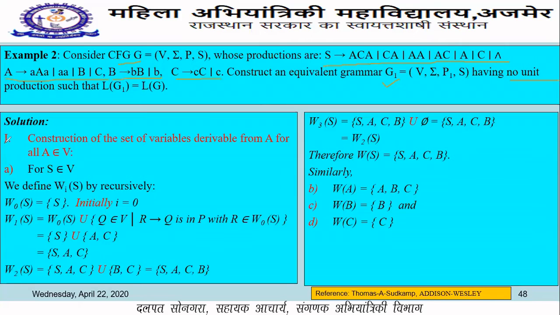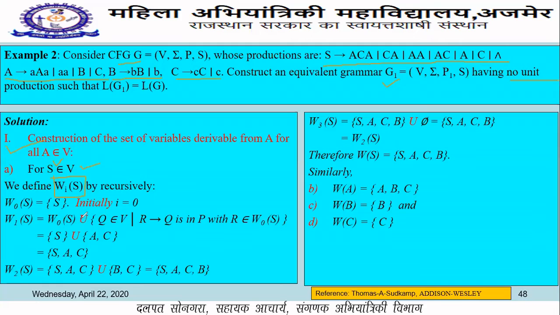So in the first step, we construct for each variable in a grammar G the set of derivable variables. So we choose first S, which belongs to V, and we construct W of S, which represents all the set of variables which are derived from S, and it is recursive. So at the very first, every variable is derived from itself, like S is derived by itself.